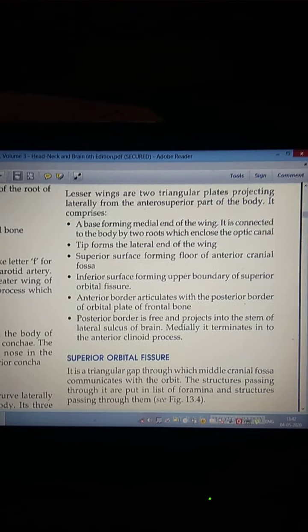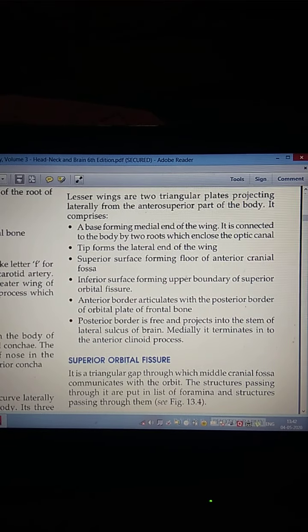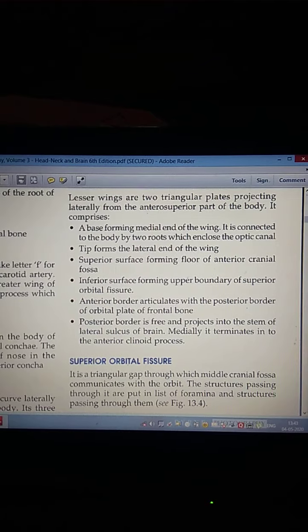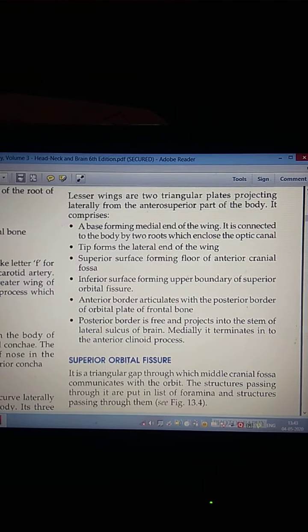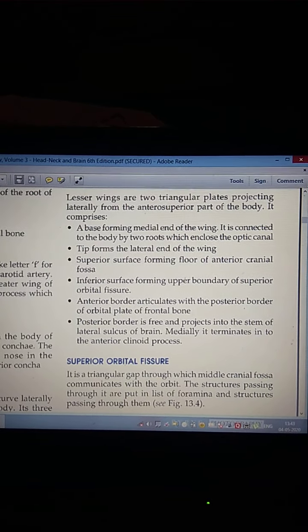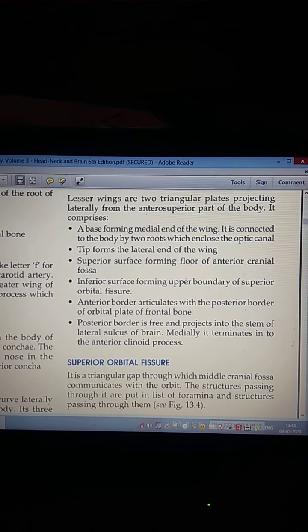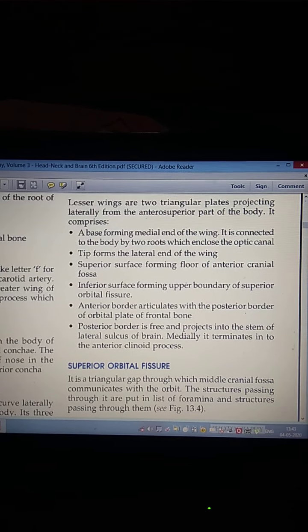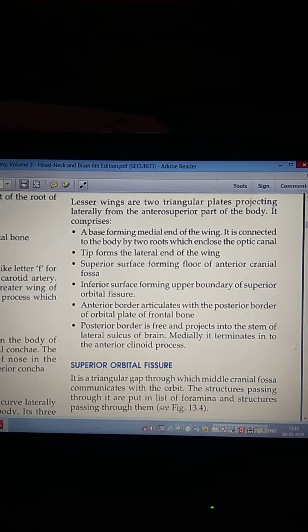Lesser wings are two triangular plates projecting laterally from the anterosuperior part of the body. First, a base forming the medial end of the wings, a tip forming the lateral end of the wings, and a superior surface forming the floor of the anterior cranial fossa, with the optic foramen, the upper boundary of the superior orbital fissure.